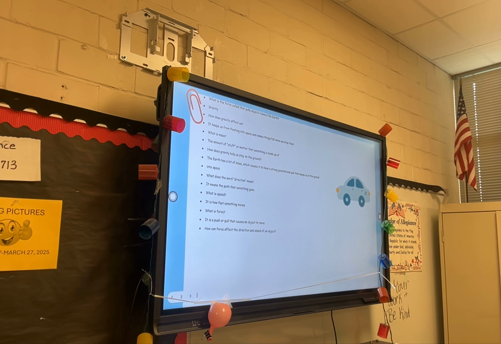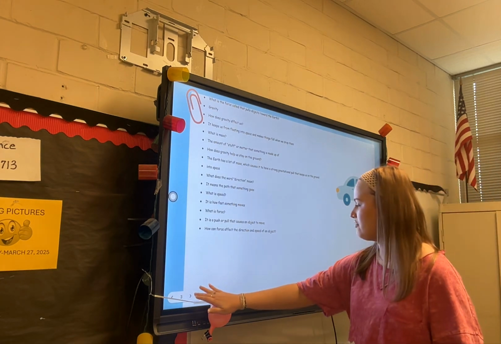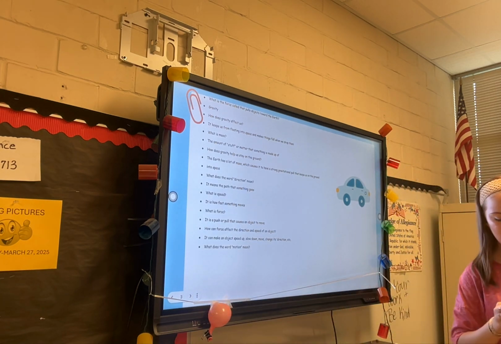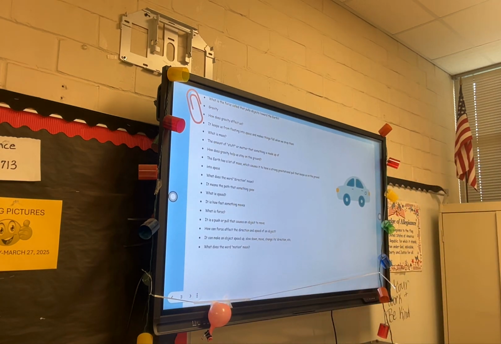It can make it change its speed, or it can cause it to spin or go round and round. So what does the word motion mean? Motion basically means to what, Chase? Move. So motion is a fancy word for move, just like mass is a fancy word for weight.